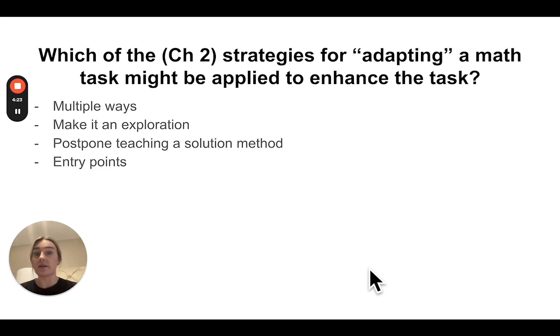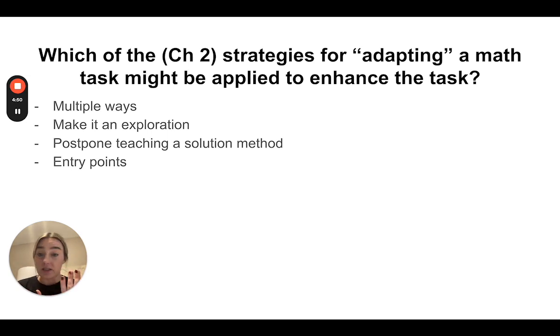For adapting a math task, there are multiple ways this could be applied to enhance it. Students are given a variety of manipulatives, and they have a variety of choice to represent their thinking. It is an exploration because they have the freedom to solve this in any way they want. They're working together.